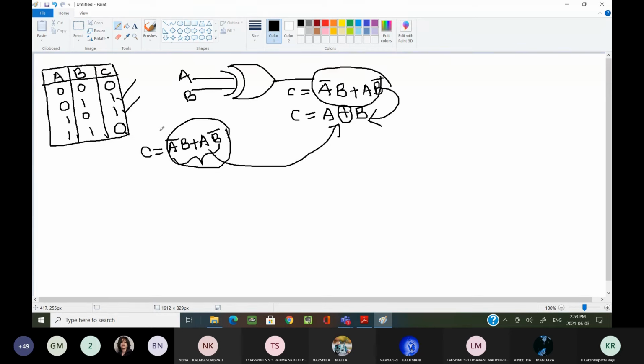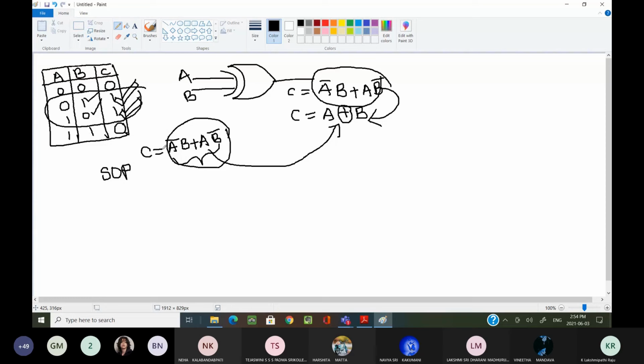Here in these logical expressions, what we have to remember is that we are considering the ones in the output column. In order to write the logical expression for each and every gate, every time we consider the ones, take those min terms in SOP, sum of product form, and simplify.